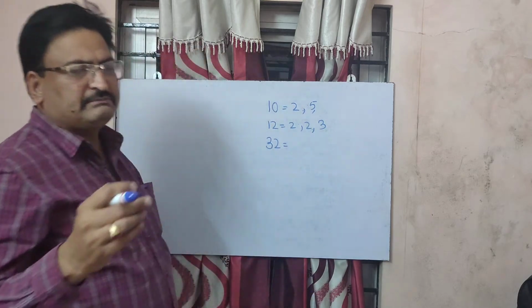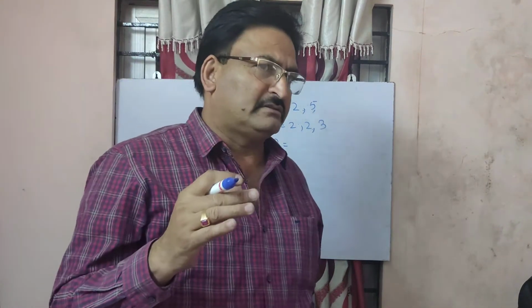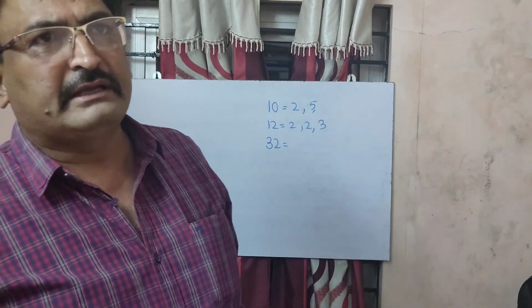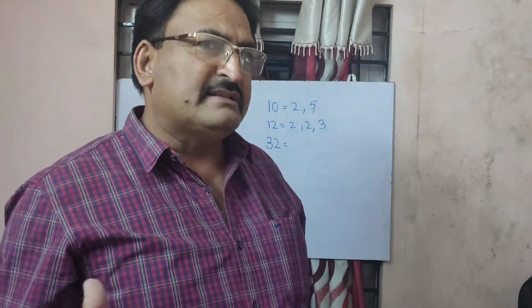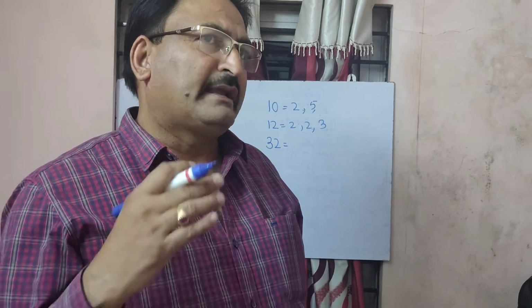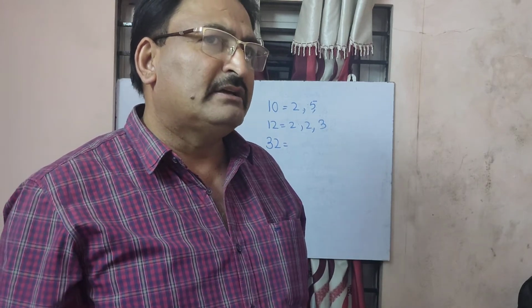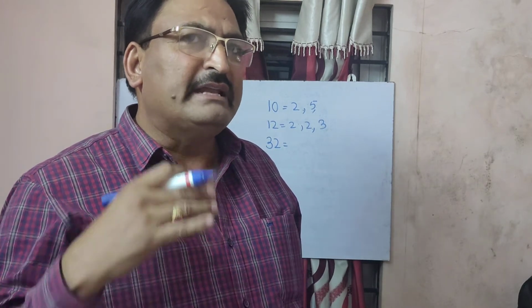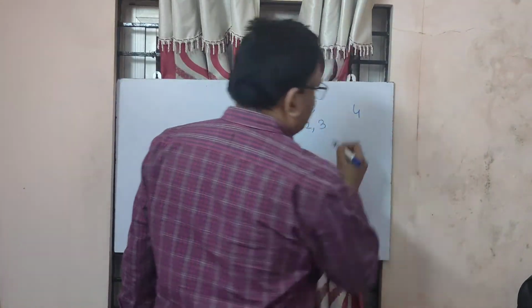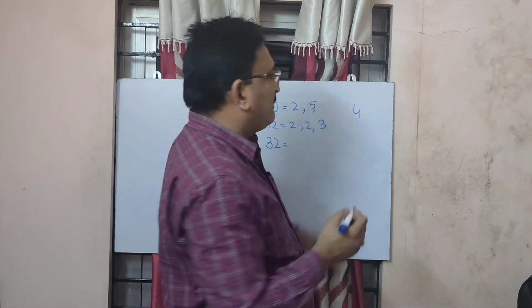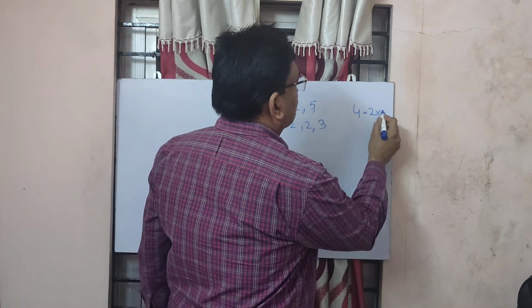So we know the difference between the factors and the prime factors. Factors can be prime or non-prime. Prime means the numbers which cannot be divided by any other number. For example, 4 may be a factor, but this can be divided by other numbers, 2 into 2.